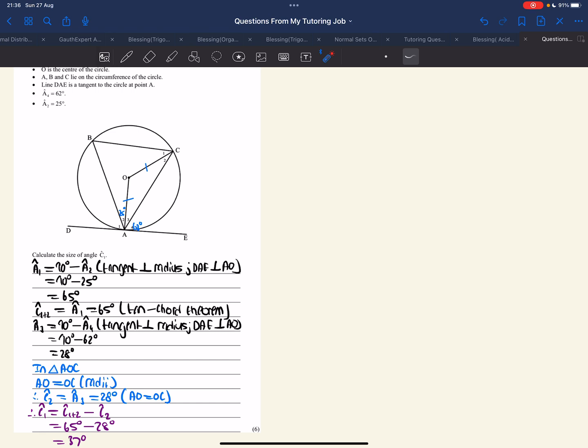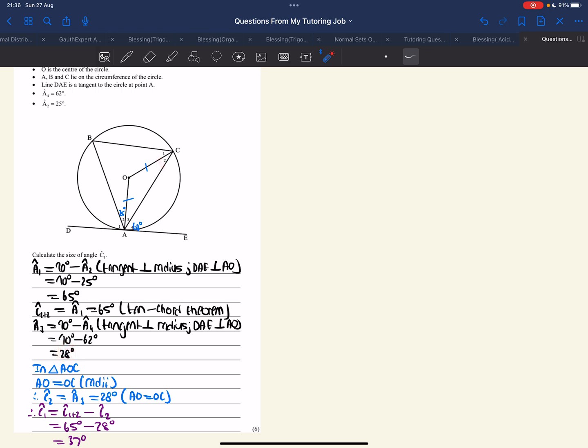So you say 62 times 2, which gives you 124 degrees. Now you could have proven that the triangle there is an isosceles triangle. To find these two angles, you say 180 minus 124, which gives you 56, and then divide by 2, which gives you 28 degrees.